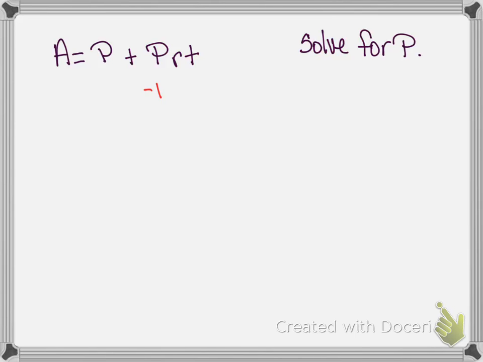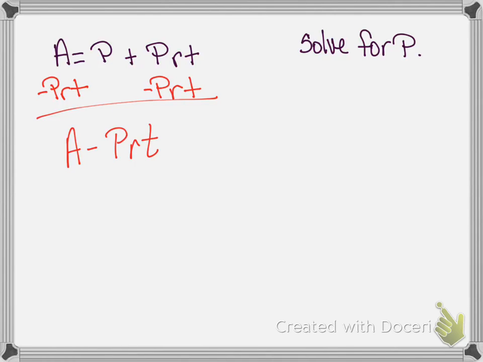I'm just going to subtract this from both sides, and I'm going to have A minus PRT equals P. I'm done. You're not done. Because I have solved for P, but what do I have right here? I have another P. So that's not going to work.